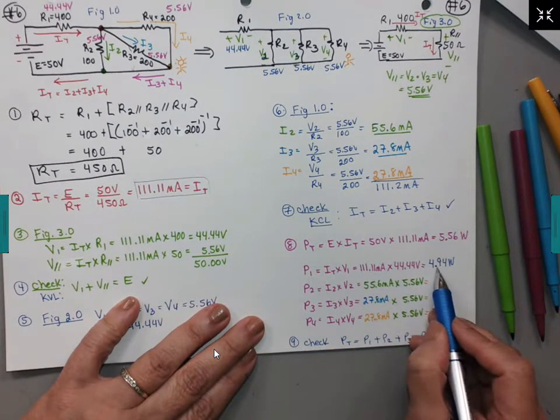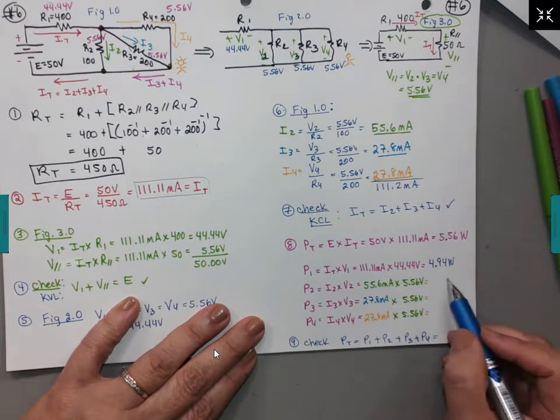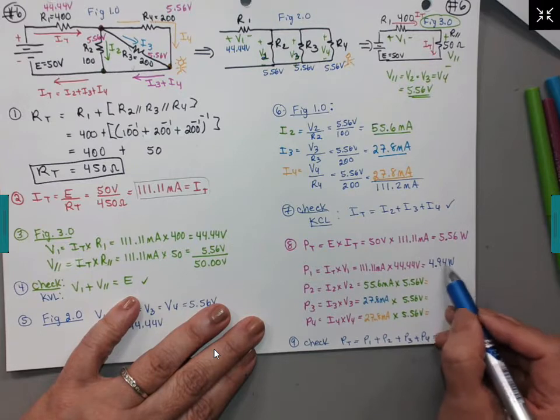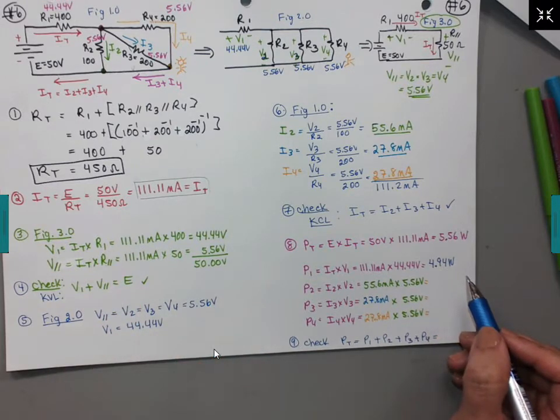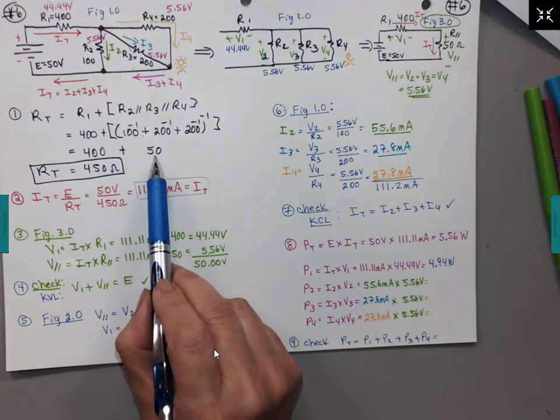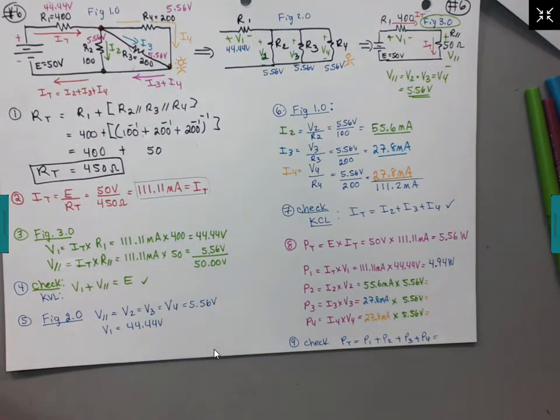The reason the majority of the wattage is at P1 is because the voltage and the current are the highest there, because my resistor is the biggest there. The combination of these 3 resistors is only 50. So let's do the other ones. 5.56 times 55.6 milli. He's really small.